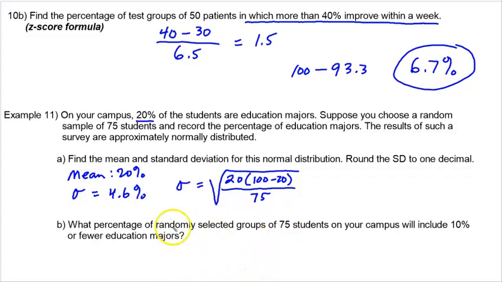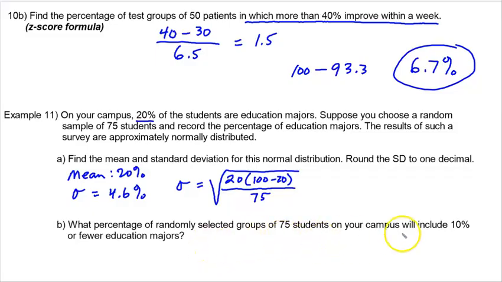All right, now we'll be able to use this information to find a percentage of randomly selected groups of 75 students that will include 10% or fewer education majors. So we're trying to get back to the table 6.2 to look up a percentile score, but we need a z-score to make that happen.